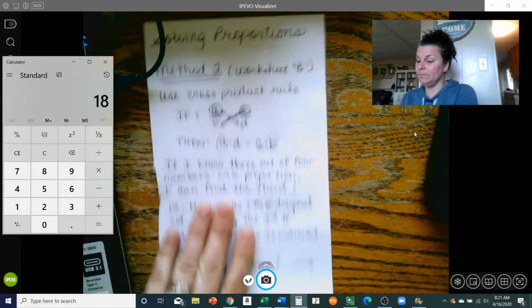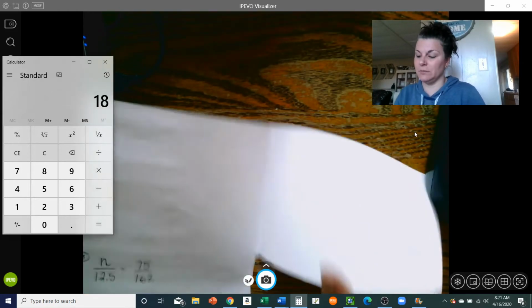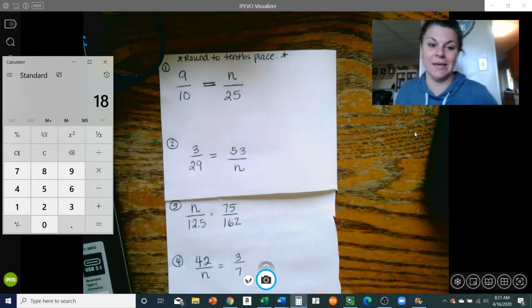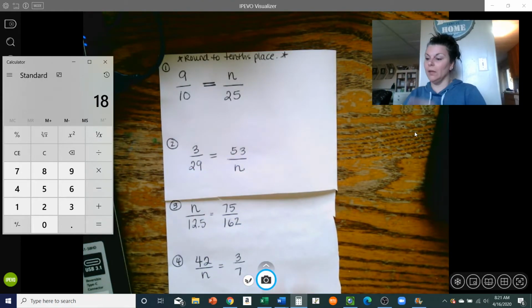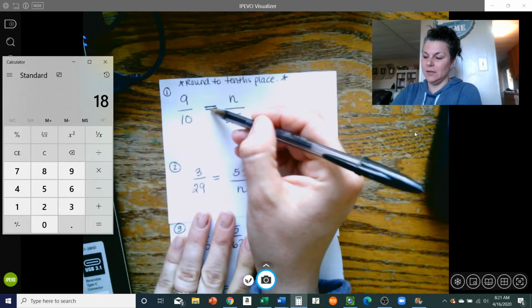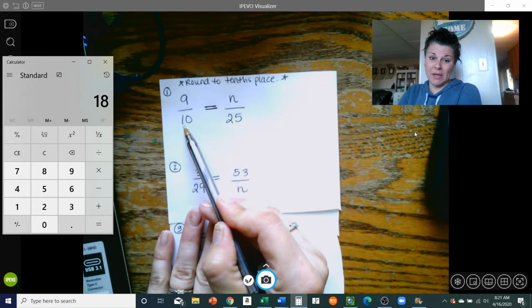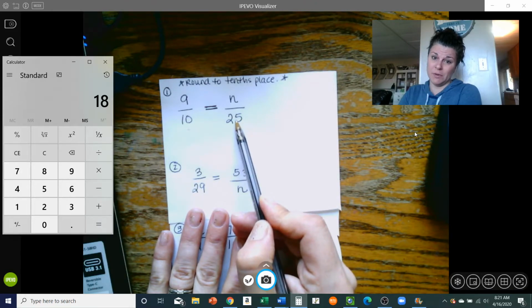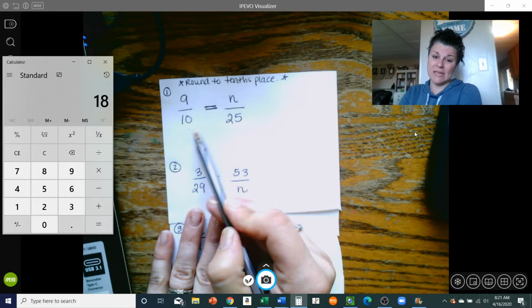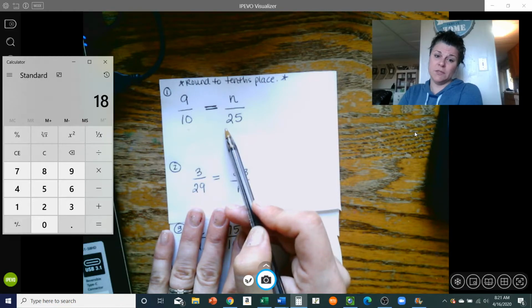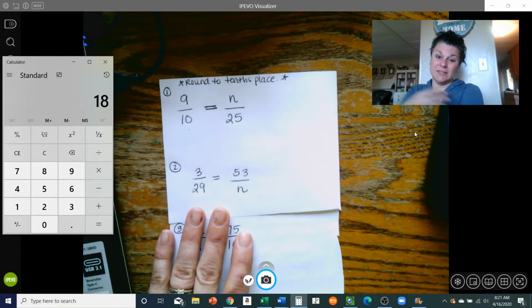Okay? So let's look at those, because I know sometimes it's harder to understand without seeing it. Okay. So I have 9/10 equals n over 25. I can't multiply 10 by a whole number and get 25. Okay? 10 doesn't go into 25. So my method in the beginning isn't super helpful now.